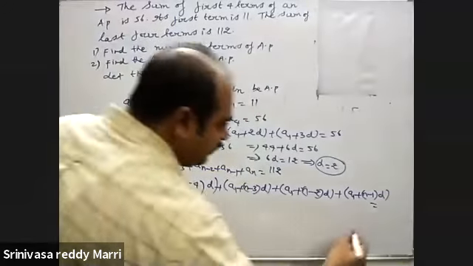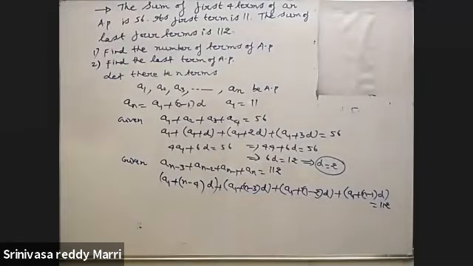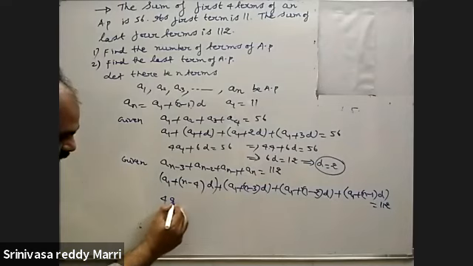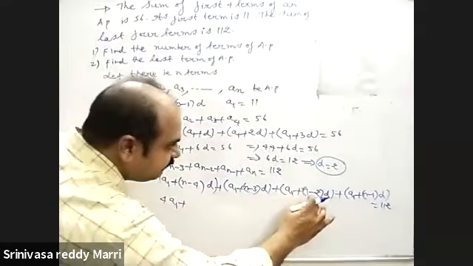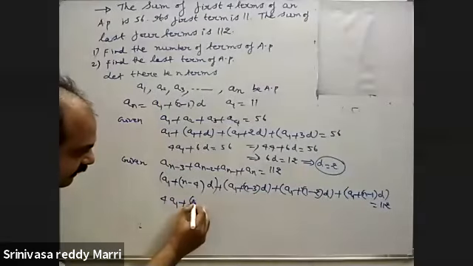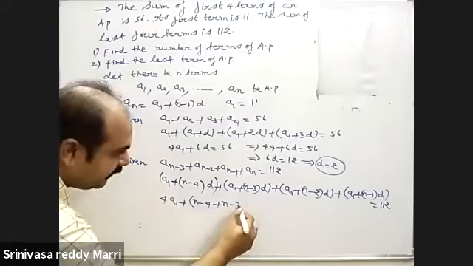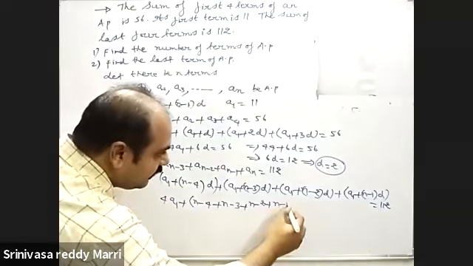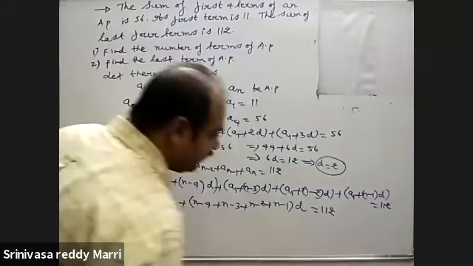What is given? 112. This is another equation. Look at A1 four times, that means 4A1. Now take d common: (n minus 4), (n minus 3), (n minus 2), (n minus 1) into d. This is nothing but 112.